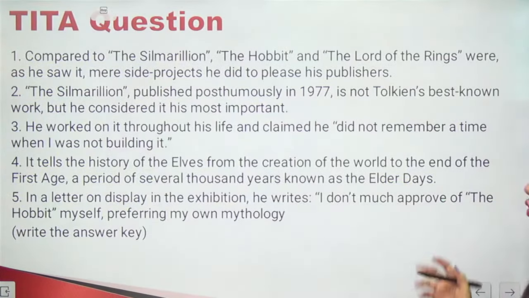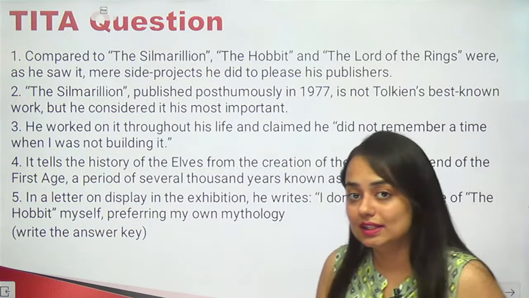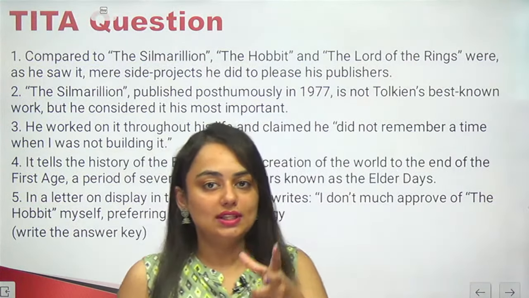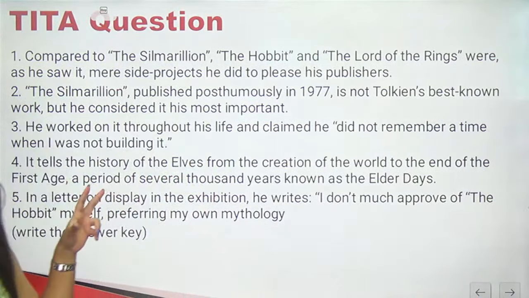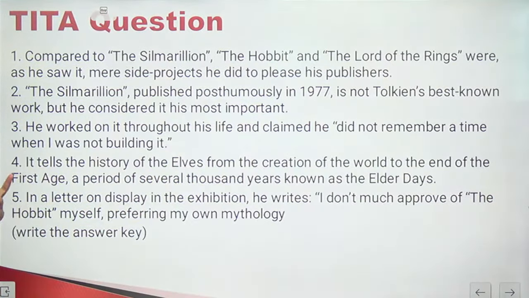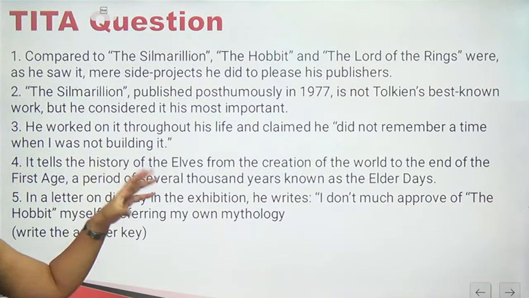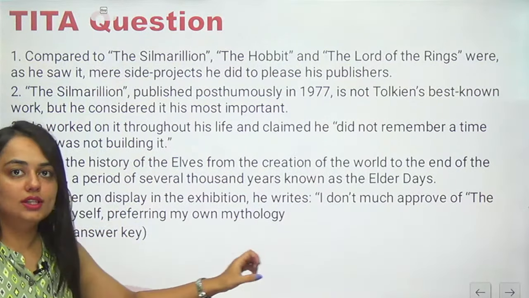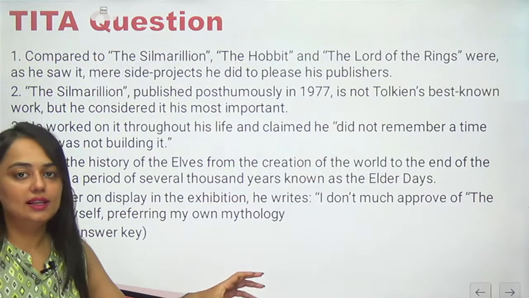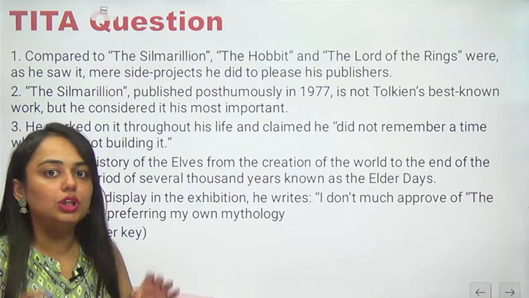Now let's look at the TITA question with this angle. In this sentence rearrangement question you are given 5 sentences. You'll have to read and understand them, and you'll be given a box in your CAT exam in which you have to put the right order.